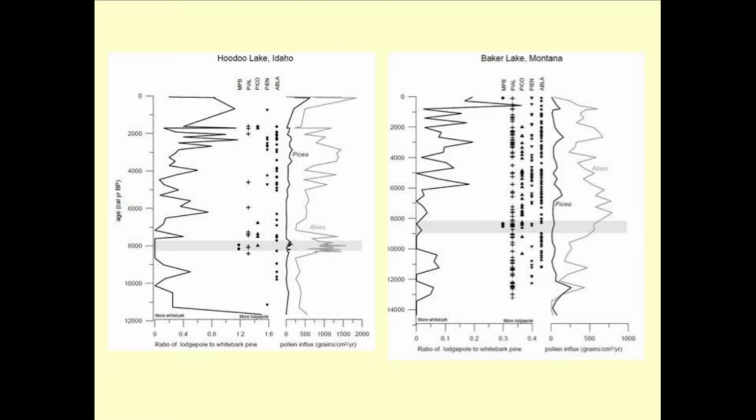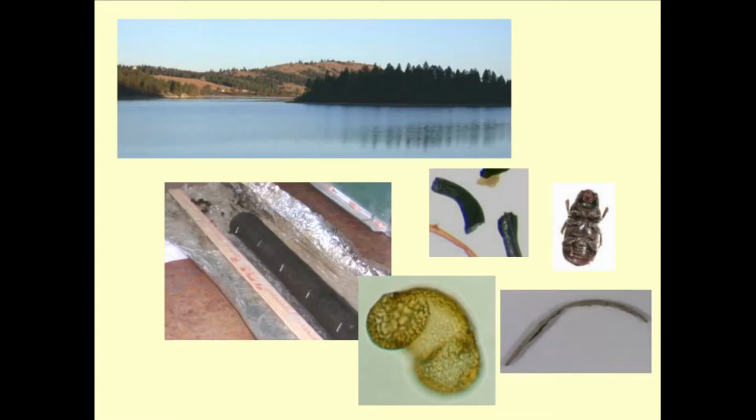We had an elytra, or a couple, from the 1920s, 30s outbreak in Montana. And then I believe there were 4 separate samples around 8,000 years ago that had the mountain pine beetles in the record. And I'm going to come back to this diagram in a minute to talk about what some of these other things are.